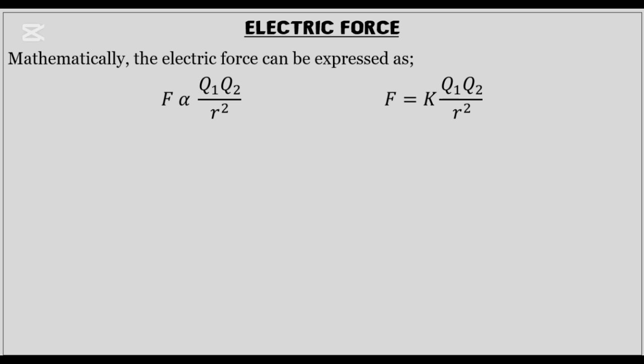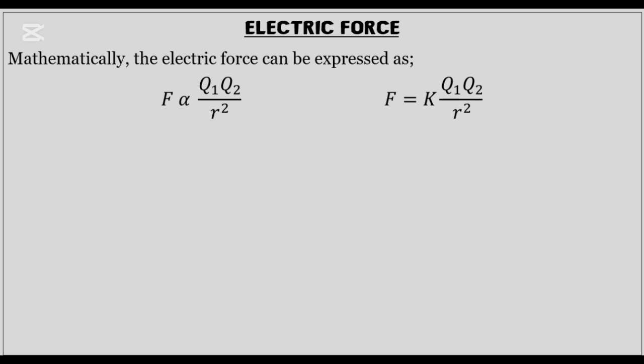So F is proportional to the product of the charges and inversely proportional to the square of the distance between the charges. Now bringing out the proportionality constant, we have K, which is Coulomb's constant. So F equals K Q1 Q2 over R squared, which gives us an expression for our definition.